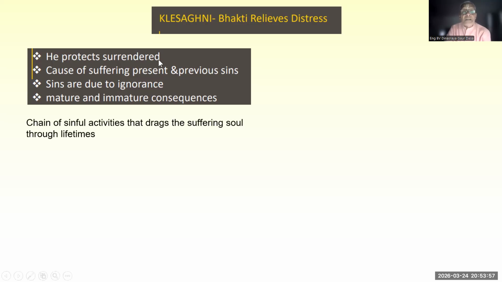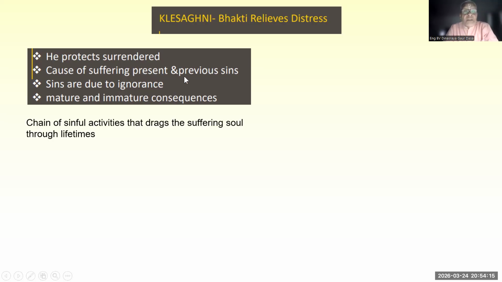So Krishna protects his pure devotees. We know the case of Arjuna. We know so many devotees who have surrendered to Lord Krishna, and they were made free from all kinds of miseries.